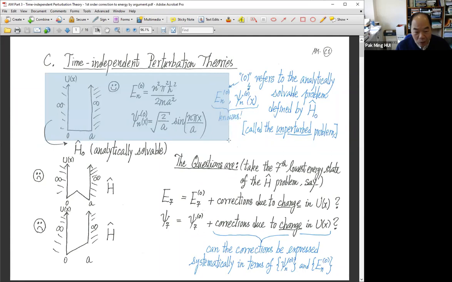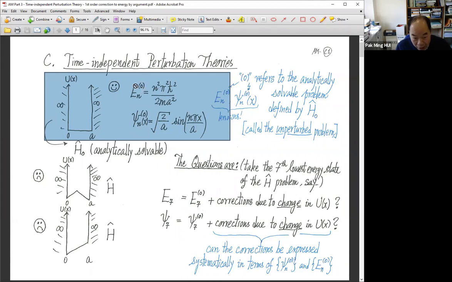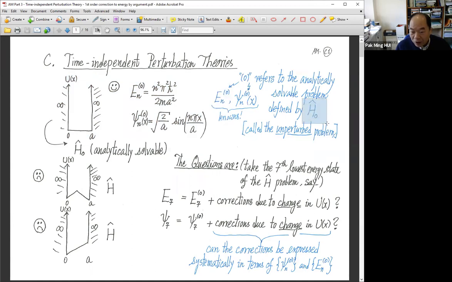By that I mean, we know all the allowed energies, where the subscript 0 means this is the 0th order problem, meaning the exactly solvable problem. And I know every one of them and the quantum number. So these are all the energies, these are all the energy eigenfunctions. We have to have a problem that we know how to solve. That will define something called the H0 part of the problem.